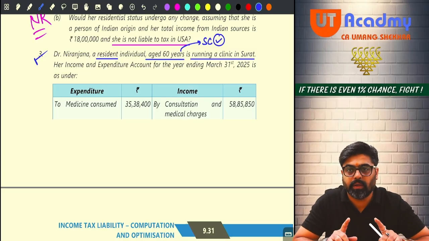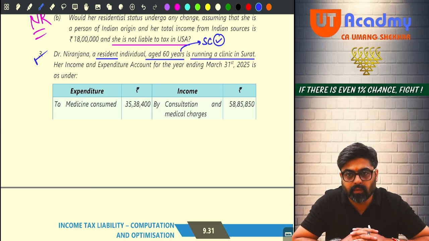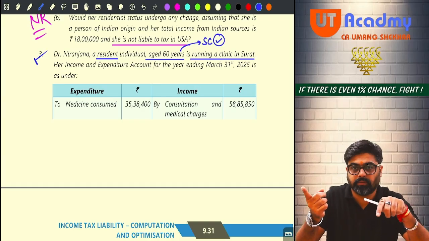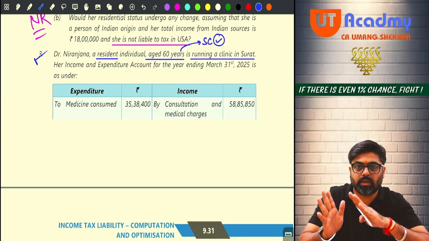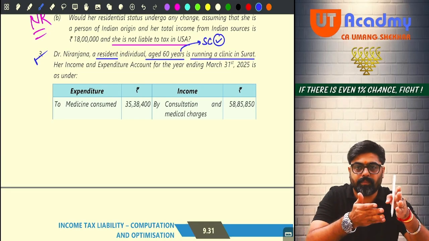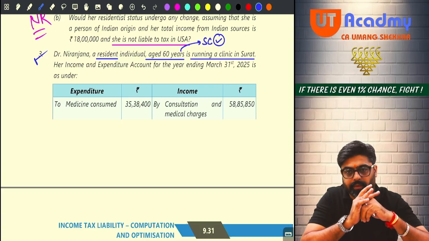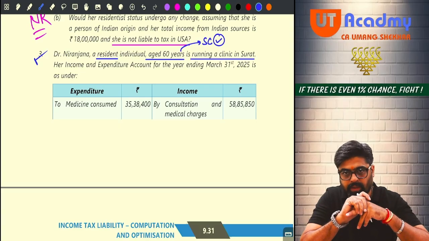Believe it or not, in this question you are supposed to compute the PGBP income, the income from the clinic she is earning. So a professional doctor doing her medical profession, PGBP income will be there.